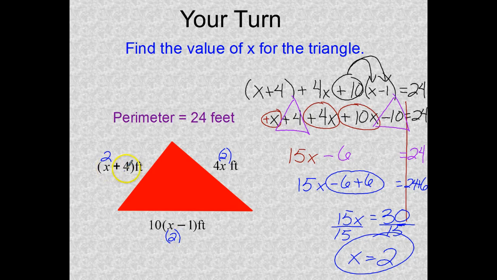So it looks like this side would be 6 feet. 4 times 2, this would be 8 feet. And this one down here, 2 minus 1 is 1 multiplied by 10, so this would be a 10-foot measurement. Now again, the problem didn't ask for the measurements of each side, it just asked for the value of x, but that's how you would solve the rest of that problem.